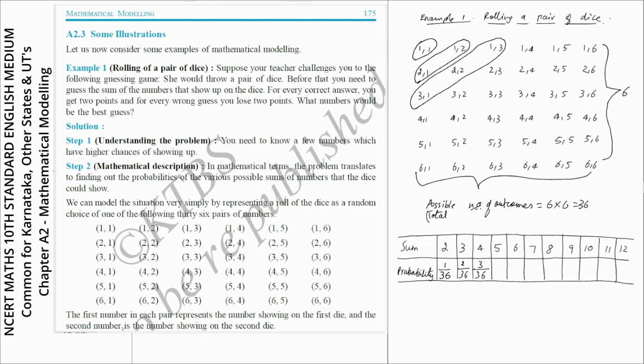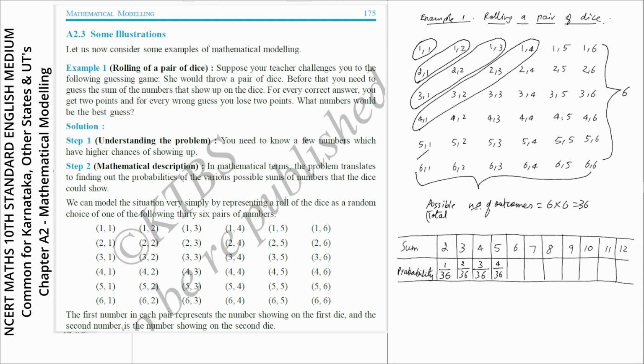Similarly, there are 4 outcomes where the sum is equal to 5. 4 plus 1 is 5, 3 plus 2 is 5, 2 plus 3 is 5, 1 plus 4 is 5. Therefore the probability of getting 5 is 4 by 36.